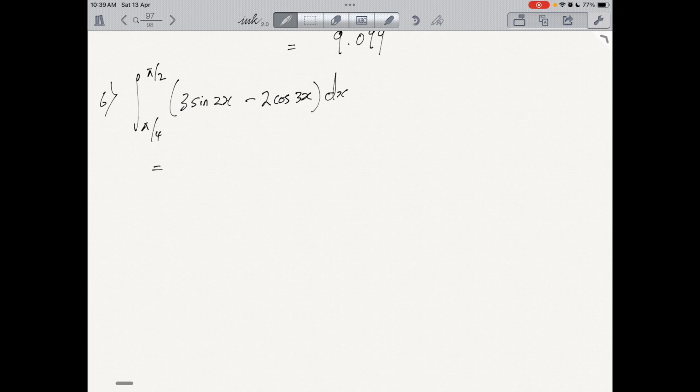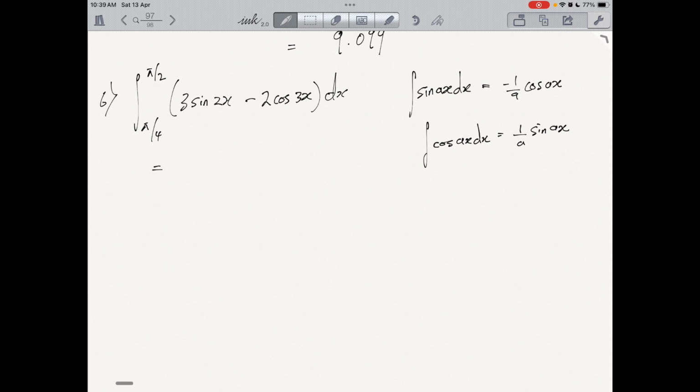Therefore, integrating 3 sine 2x, before we continue, let's write out the principles. That's integrating sine ax with respect to x, we would have minus 1 over a cos ax, and integrating cos ax with respect to x, we'll have 1 over a sine ax.